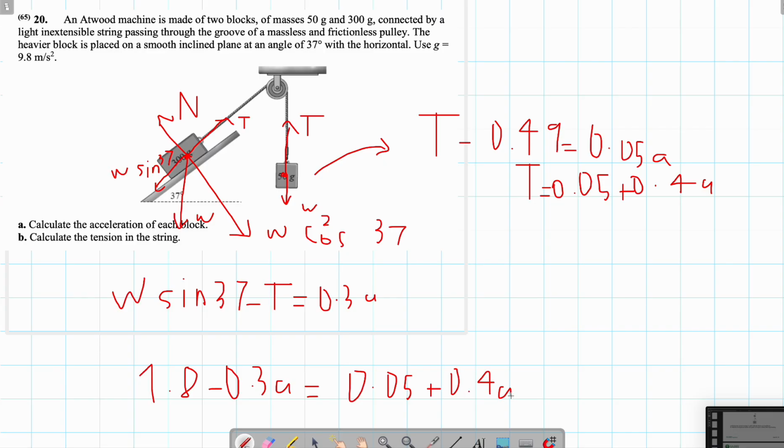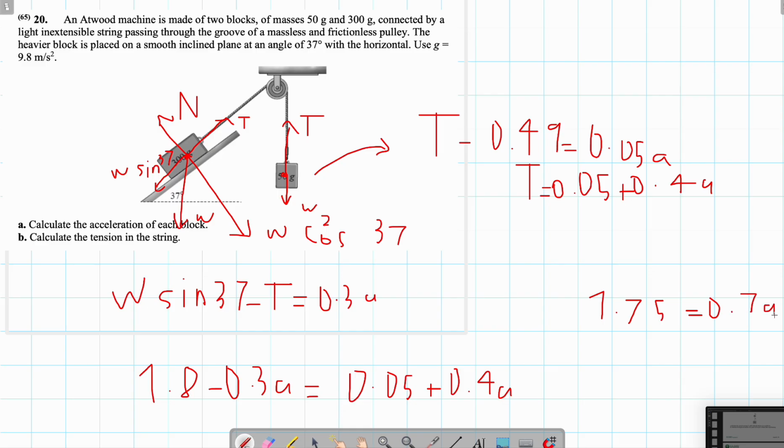You take 0.05 to the other side, so you get 1.85. Wait, no, not 1.85, 1.75 is equal to 0.7A.